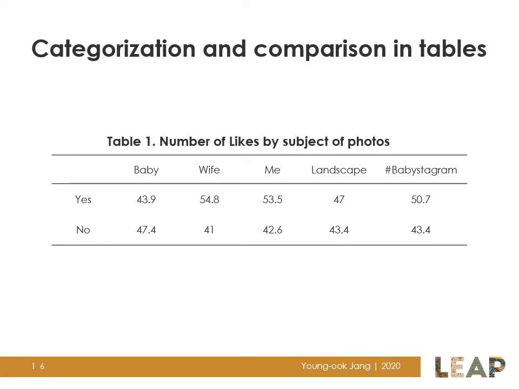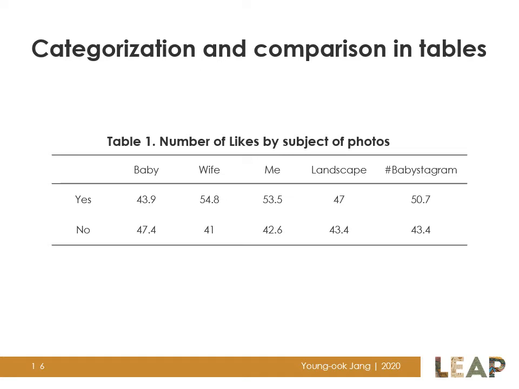So people might not like my baby in the Instagram photo. That was actually surprising to me when I did this observation, but there must be another reason. This is just something I observed from my postings. If I have my wife, on the other hand, the number of likes increases a lot: it's 54.8 if I have my wife in my photo postings.